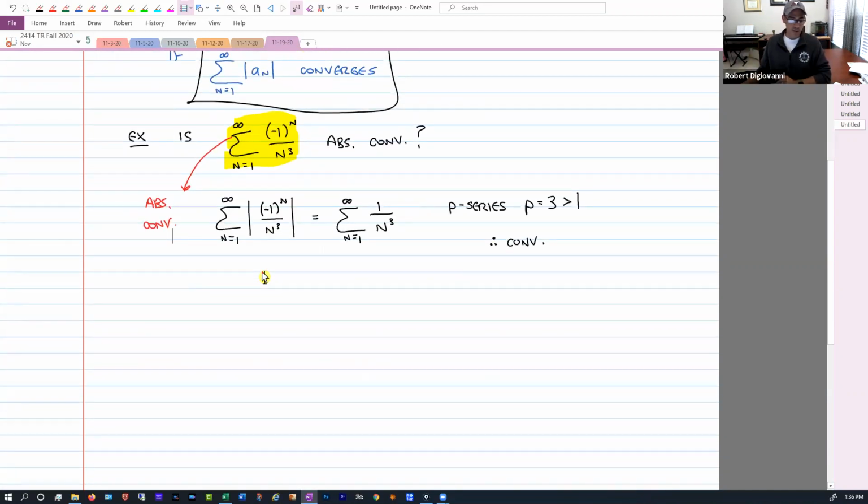All right, let me do another example. What is the difference between the two? I'm going to do another example I think will help illustrate how things are different. Okay, how about we do this one? Is this absolutely convergent?